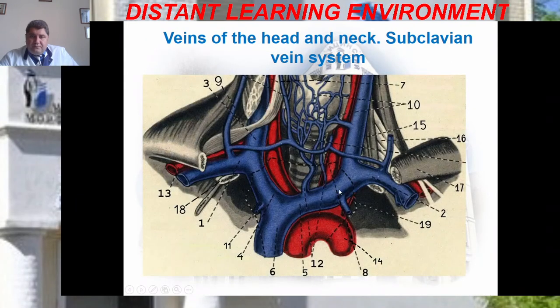So in detail on this picture you may see the anastomosis which is called the jugular arch, arcus in Latin, between these anterior jugular veins. It's called arcus venosus juguli in Latin, or jugular venous arch between two anterior jugular veins.